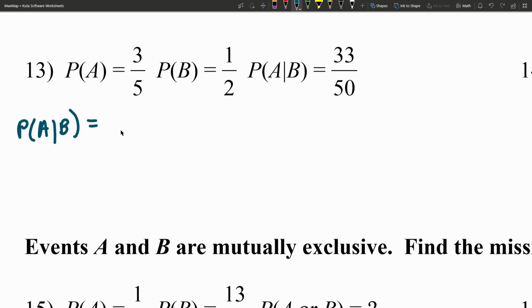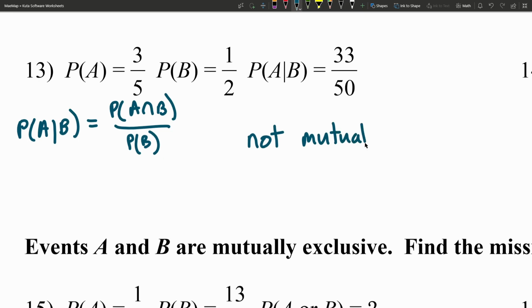That's the probability of A and B, that intersection, over the probability of B. If these events were mutually exclusive, what would the probability of A given B be equal to? Well, if they're mutually exclusive, that intersection equals 0, so this should be equal to 0, and it doesn't, so these events are not mutually exclusive.